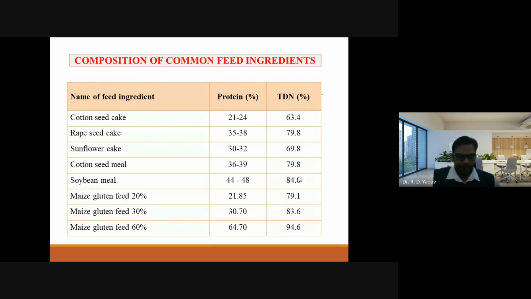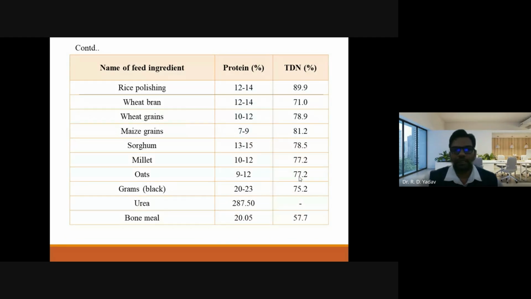Maize gluten meal commercially comes in 3 categories: 20%, 30%, 60%, and their protein and TDN content is mentioned in the slide. Likewise other ingredients like rice polish, wheat bran, wheat grain, maize grain, sorghum, millet, etc. And urea has 46% nitrogen, so its protein equivalent will be 287.